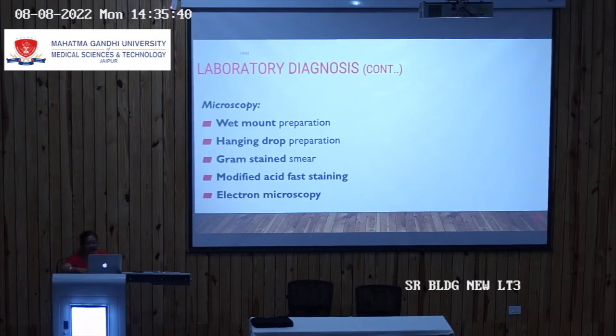Then there is a hanging drop preparation which is done for Vibrio cholerae, where you see darting motility. Then Gram stain smears show Candida, etc. Modified acid fast staining can be done for microsporidium, and electron microscopy can be done for rotavirus and other Norwalk virus, etc.